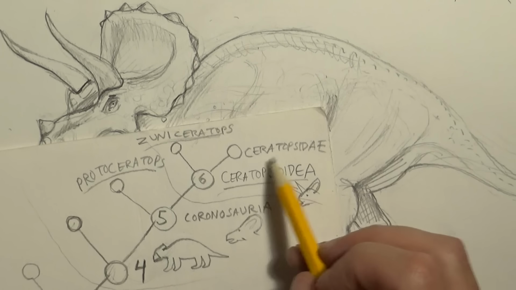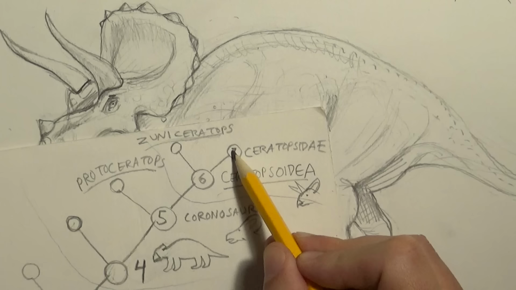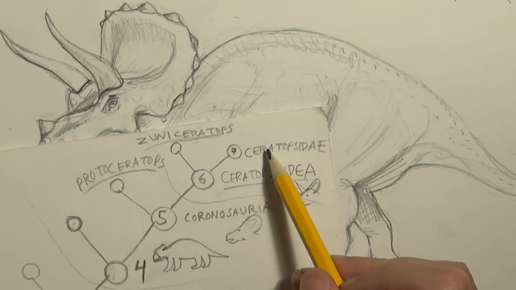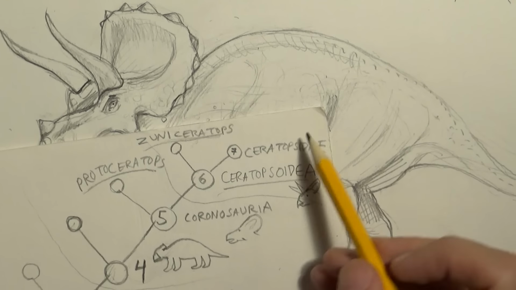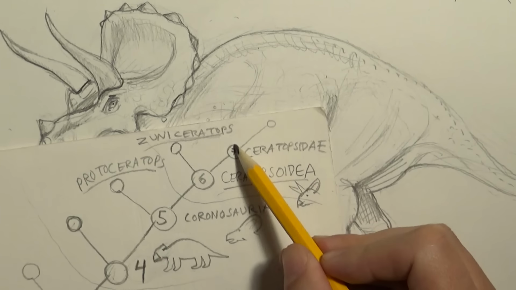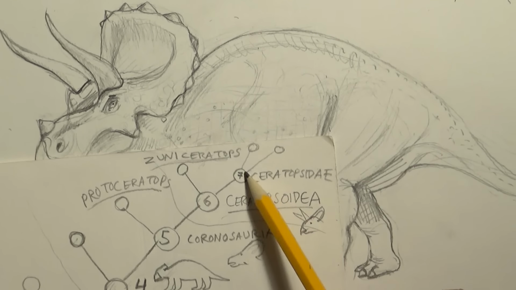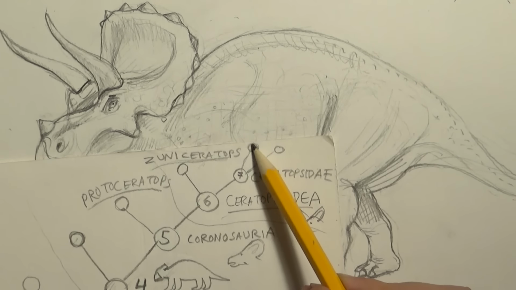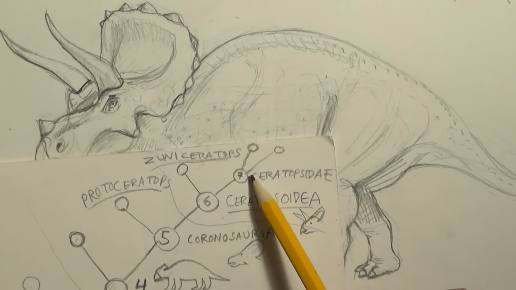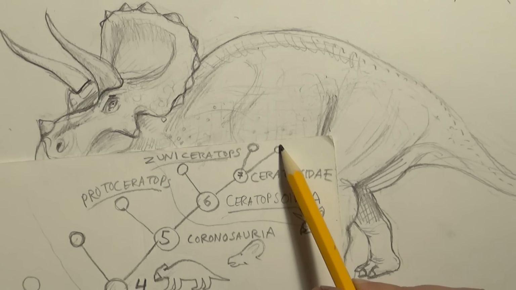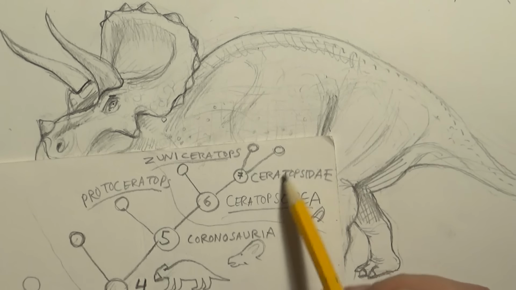And finally, the seventh group, the Ceratopsidae. Actually, it's two groups here also. The Centrosaurini and Chasmosaurini.